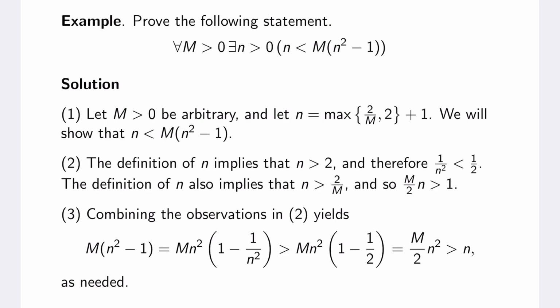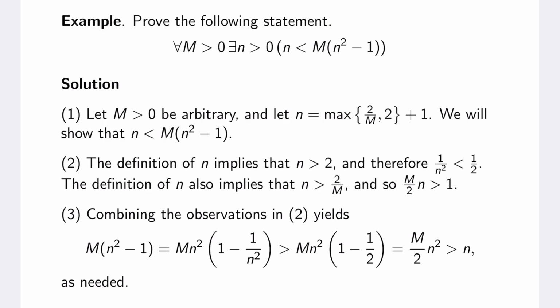And then show that it's true. I'm going to kind of gloss over steps 2 and 3 in order to ensure that we can keep moving through the lecture. But step 2 essentially explains why step 3 is able to work. And then step 3 just goes ahead and does all the algebra described in step 2.